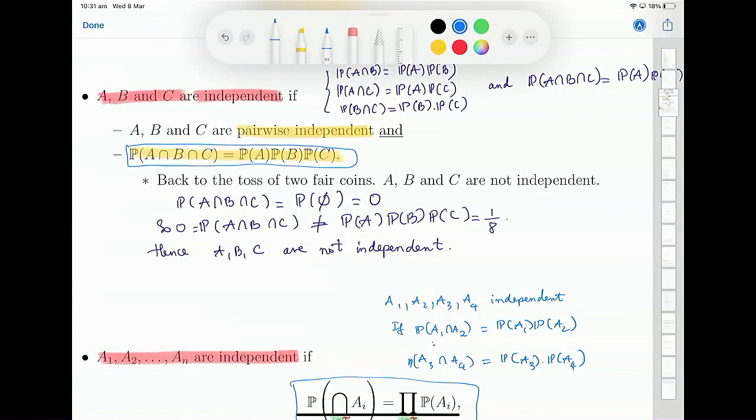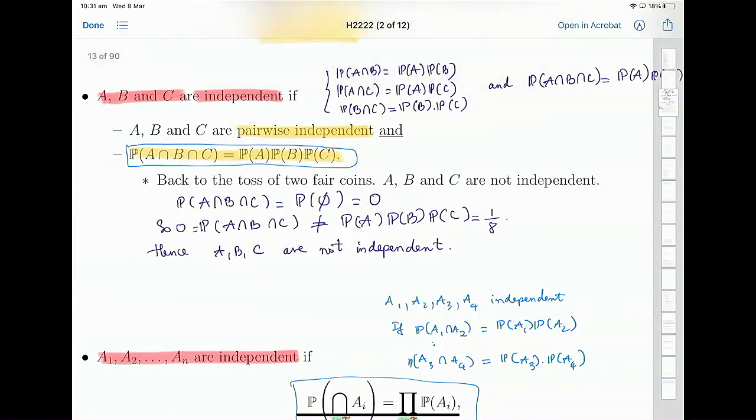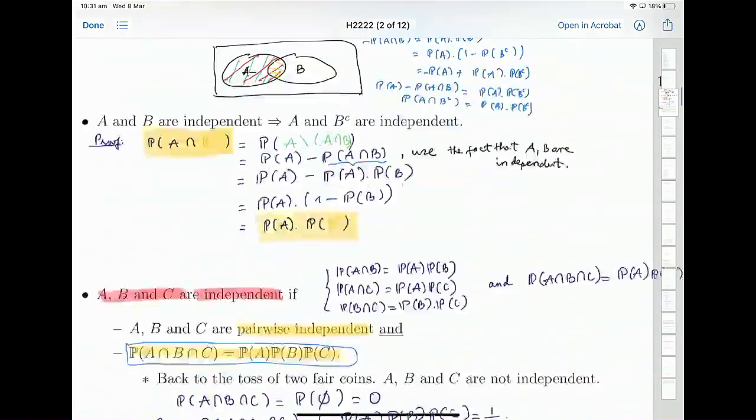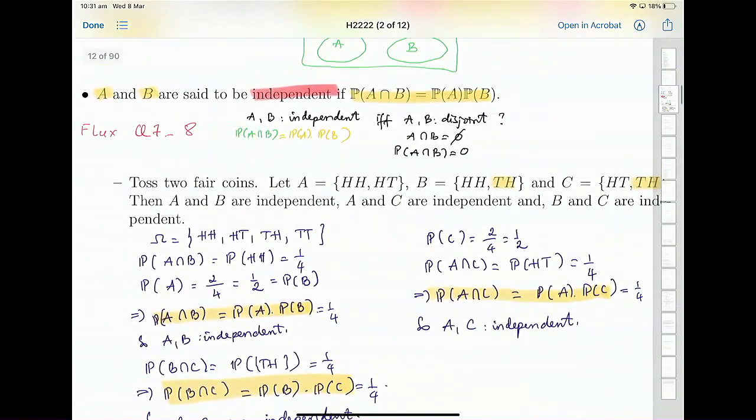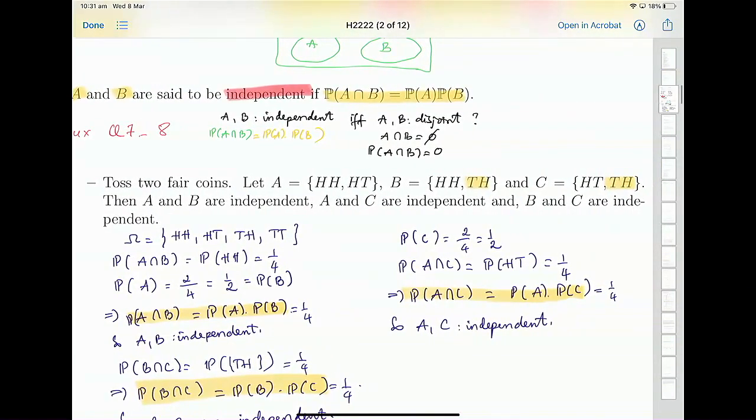So this one comes from this example. What is the intersection of A intersect B intersect C? It is empty, right?